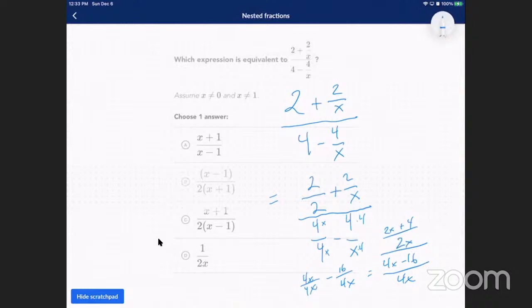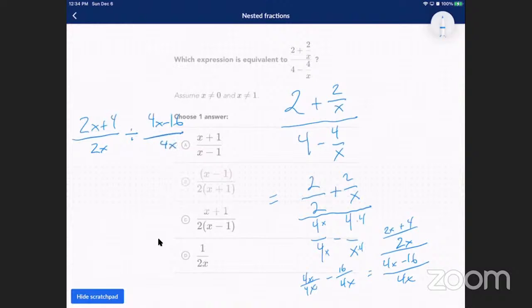So then you would have that. Now it looks like we're going to be plucking out something, right? We have 2x plus 4 over 2x. Maybe I would do this with this, divided by 4x minus 16 over 4x.